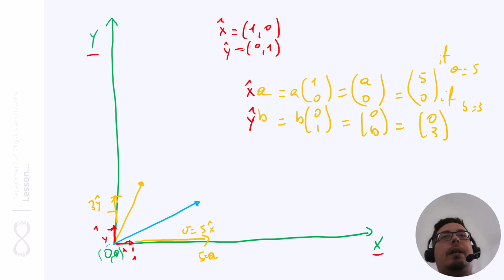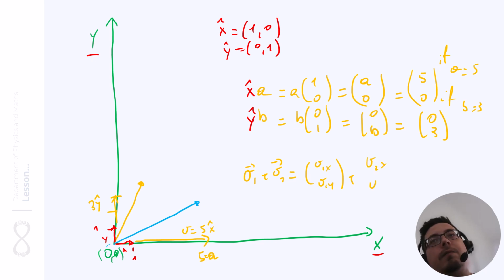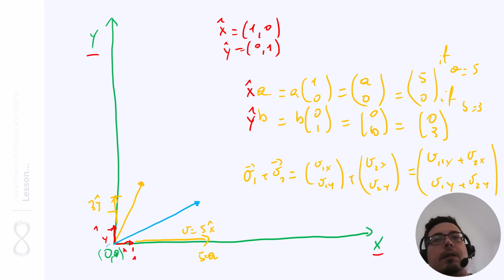Once you have two vectors, you can sum the vectors V1 plus V2. How do you sum them? (V1x, V1y) plus (V2x, V2y), and you do the sum component by component: V1x plus V2x, V1y plus V2y.